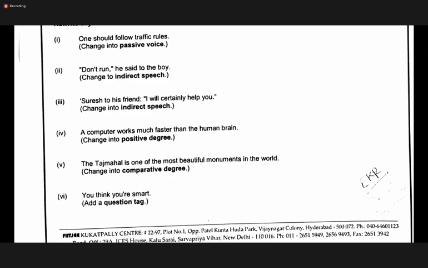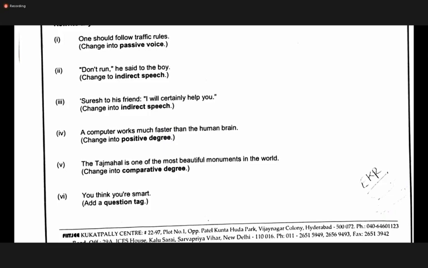If it is a statement, the reporting verb is said or told. If "said to" is there, then you can change it into told. "Suresh to his friend" means Suresh said to his friend. So you can change it into told: Suresh told his friend. That is the first thing you have to do. Because it is a statement, "that" is used as a conjunction. Suresh told his friend that.